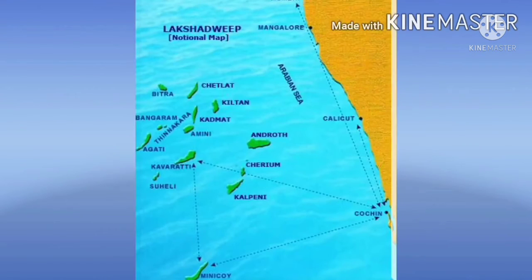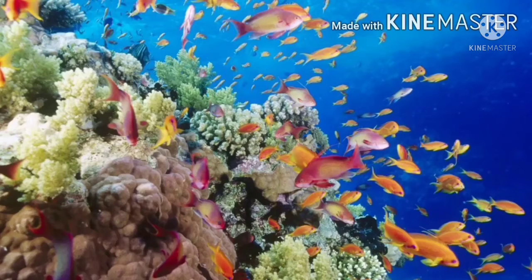The Lakshadweep Island group is lying close to the Malabar coast of Kerala. We have studied about the Malabar coast, right? This group of islands is composed of small coral islands. These are very attractive and beautiful, right? These coral reefs provide habitat and shelter for many marine organisms such as fish.